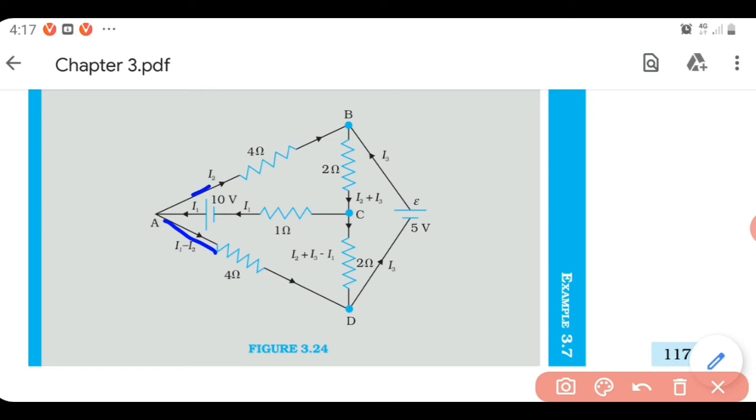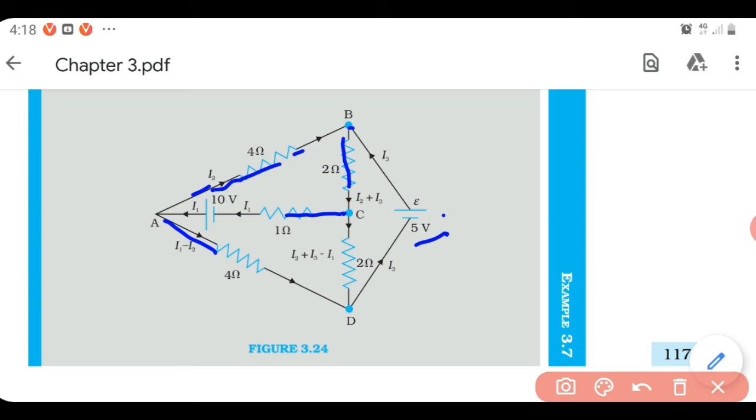Similarly, the current sent by the cell of EMF 5 volt is I3. Now I3 reaching the junction B is not getting split, because from this branch current I2 is coming. So when it goes through this 2 ohm, it gets added with I2. So the current through 2 ohm becomes I2 plus I3. Now in this branch the current is I1.